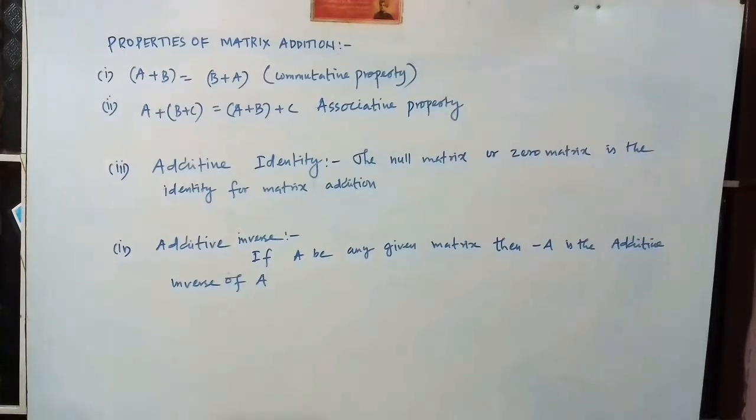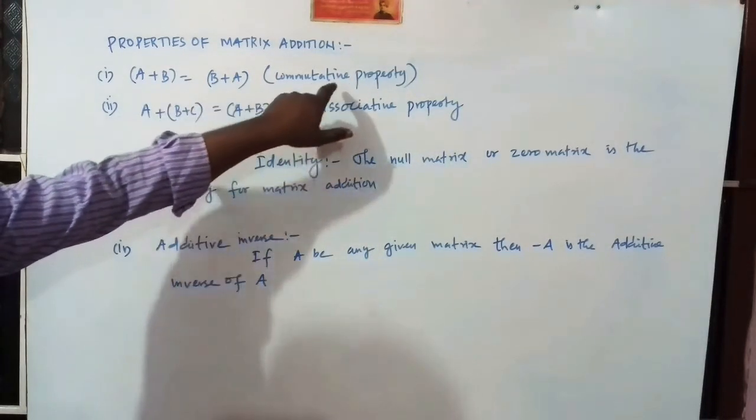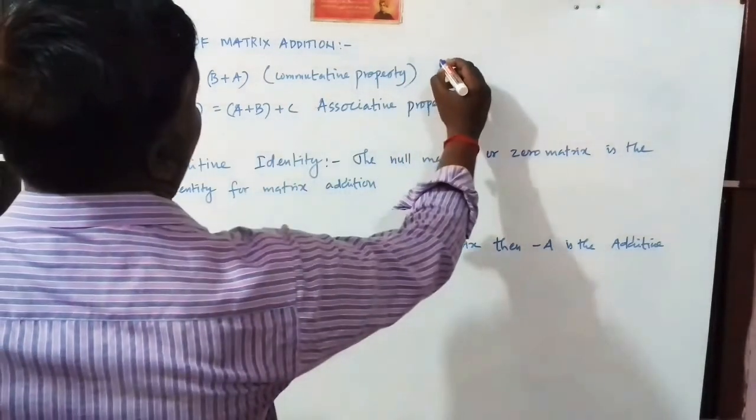Okay, next, properties of matrix addition. The first property: A plus B equal to B plus A. That is the commutative property. Commutative property means, let us consider A equal to some values.